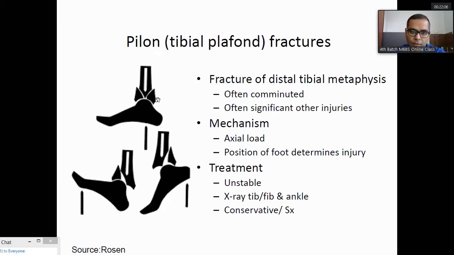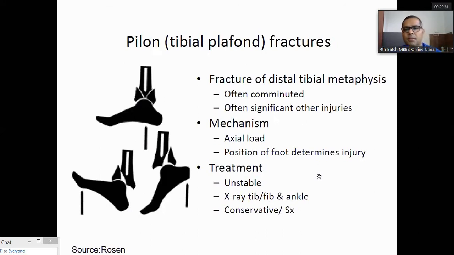So it could be either anterior, the anterior malleolus, we call it, or the posterior malleolus. When there is a large chunk, more than 25%, it suggests instability. Like in this picture, we can see the subluxation of the ankle joint. The distal part has moved posteriorly, or both anterior and posterior malleolus.